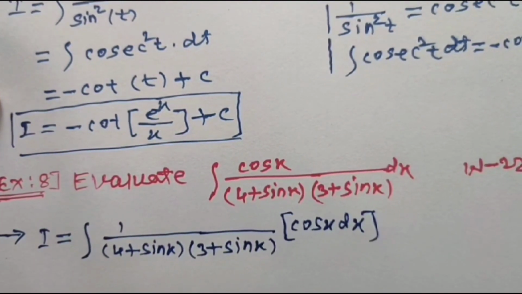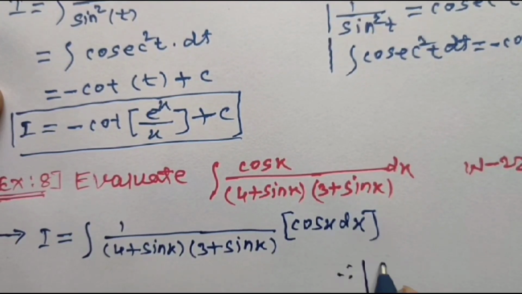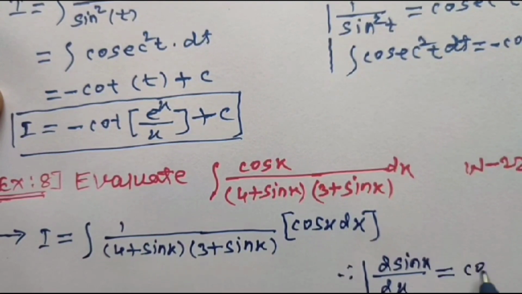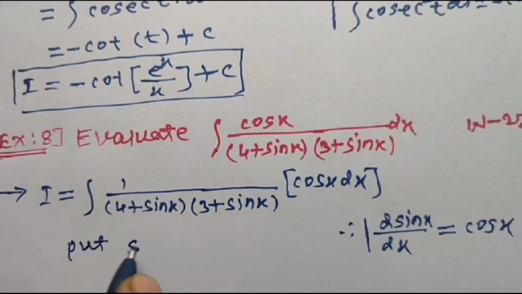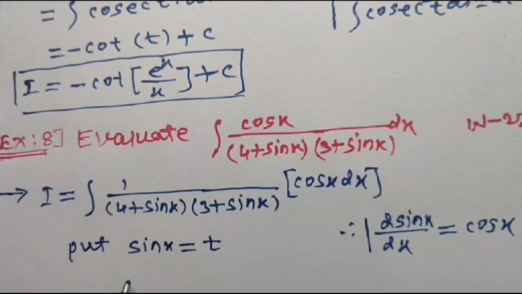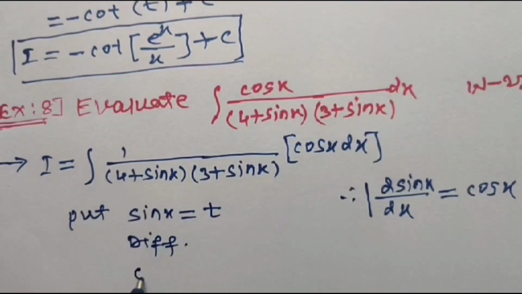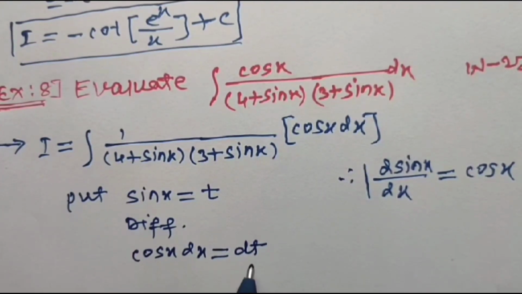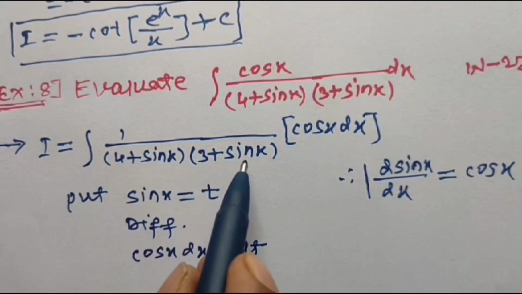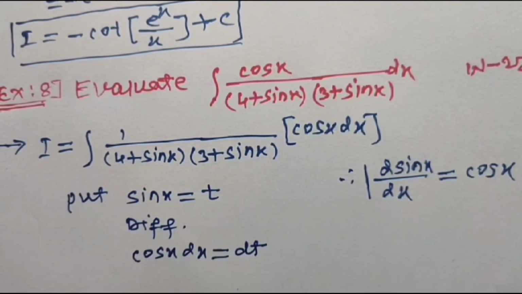But since we know the derivative of sin x with respect to x is equal to cos x, use substitution, sin x is equal to t. Differentiate this, which gives cos x dx is equal to dt. Now replace this bracket by dt and replace sin x by t.